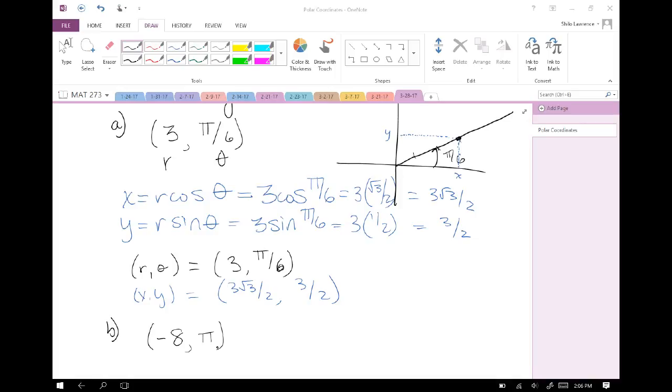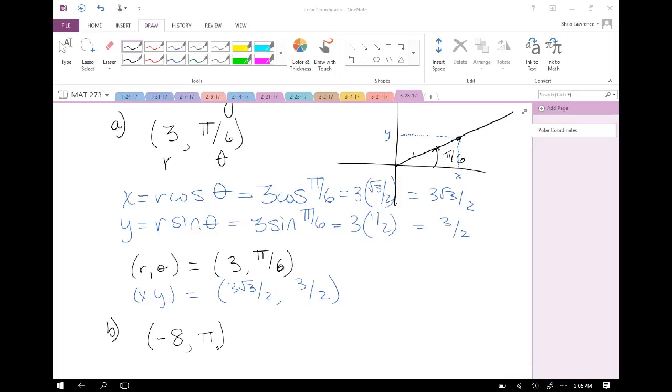Negative 8 pi. Let's make a prediction first about where this is going to be. 90? Any other guesses? 180 degrees? Pi is 180 degrees. Any other predictions? Oh, it's going to be 0 degrees. Why is it going to be 0?